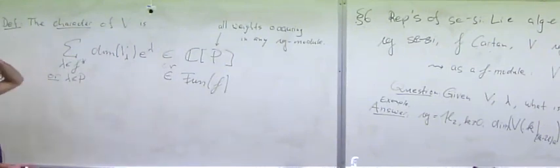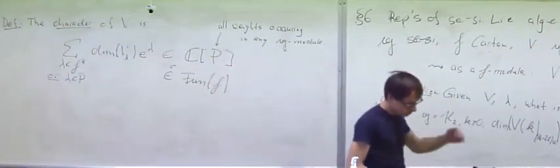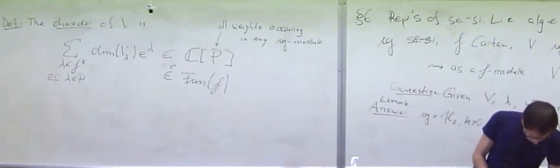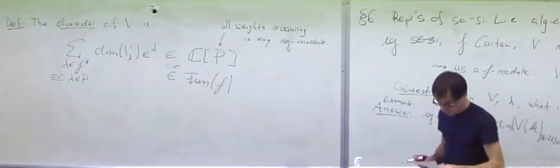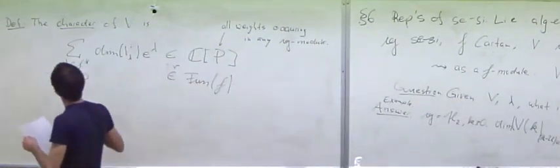So these are the characters. That was definition 6.1.